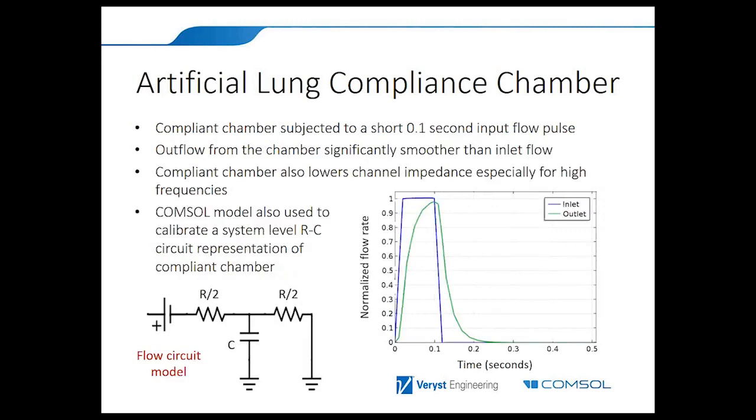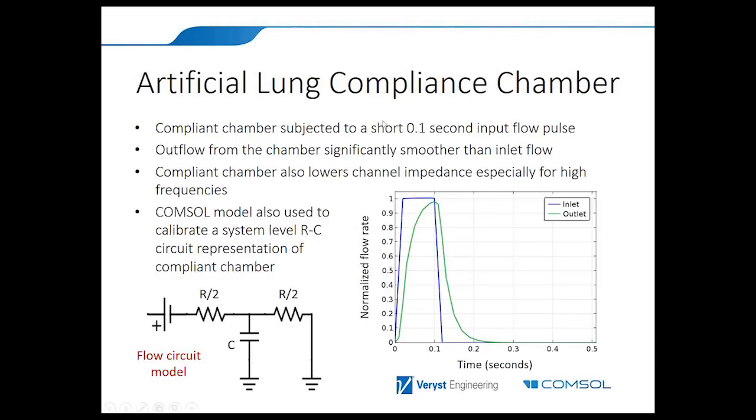To illustrate the behavior, we put in a 0.1 millisecond pulse, a little bit longer than 0.1, and that is the blue curve, and monitored the flow at the outlet. You see the green curve is much smoother, so that sudden change in velocities and flow rates that may result from a pump has not been transferred to the lung.